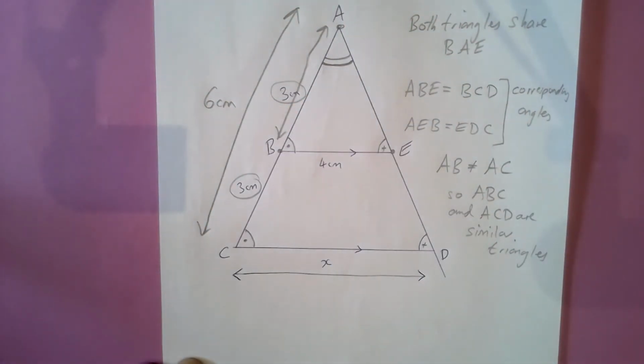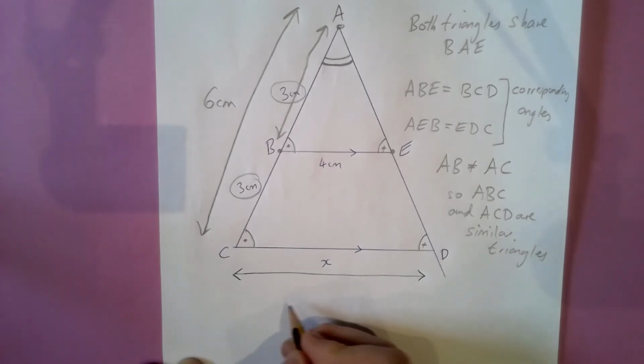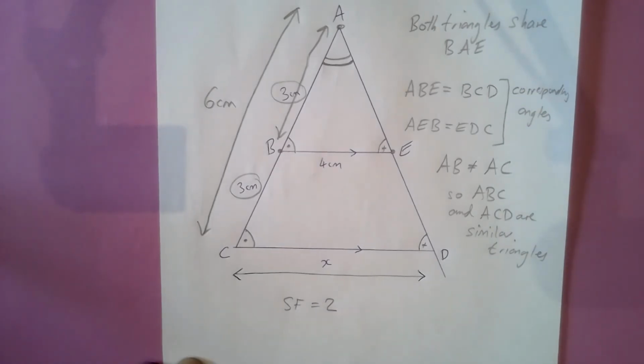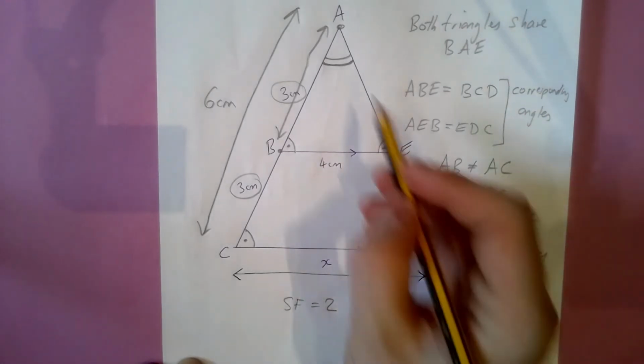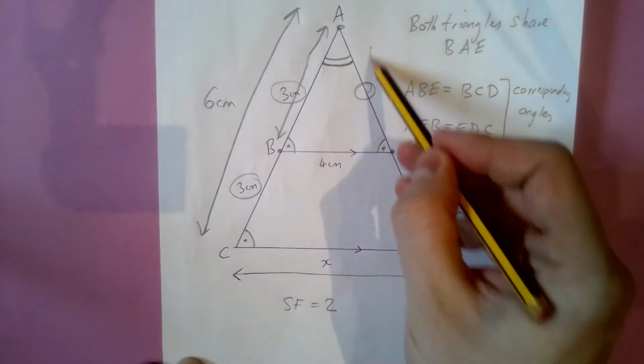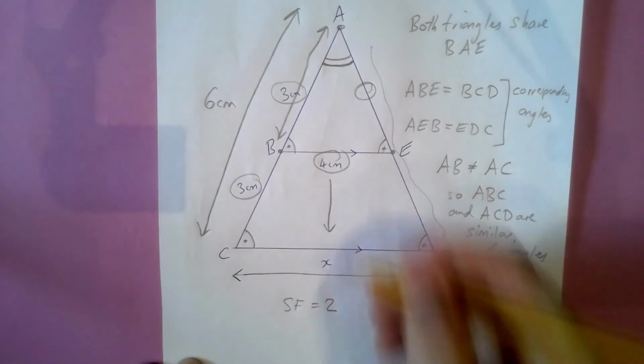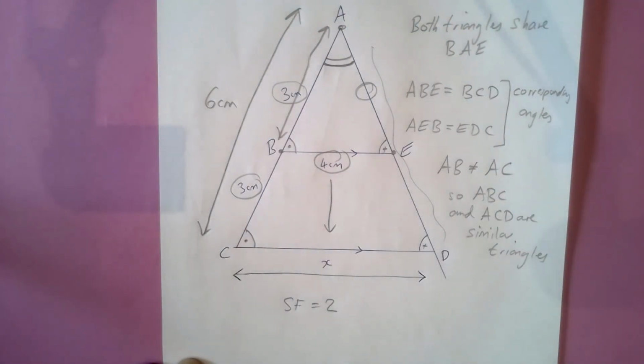One side length is 3, the other side length is 6. They're the two that match together, so the scale factor is 2, which means that all the side lengths are doubled. So if I knew this one, we would double it to get the entire side here. I know this one, so to double it, I will therefore get 8 as x.